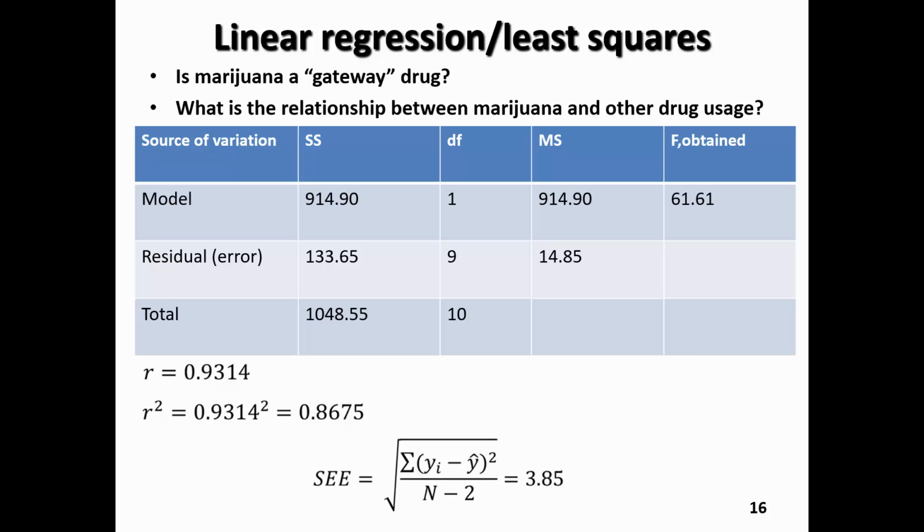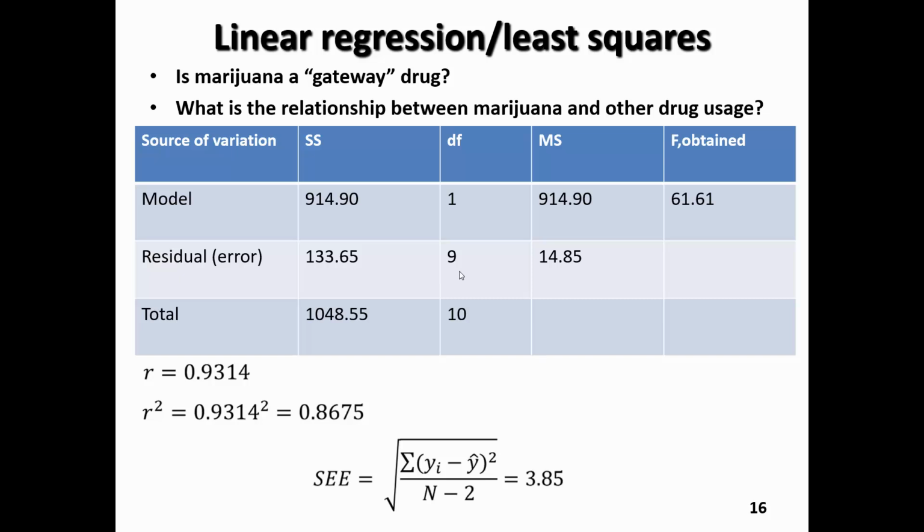Because marijuana usage was the only predictor, we have a degree of freedom of 1. We'll say what to do with that in a moment. As we move down to the residual degrees of freedom, we see a value of 9, and this is uppercase N, the sample size, minus the number of coefficients in the model. Recall that we had two coefficients.